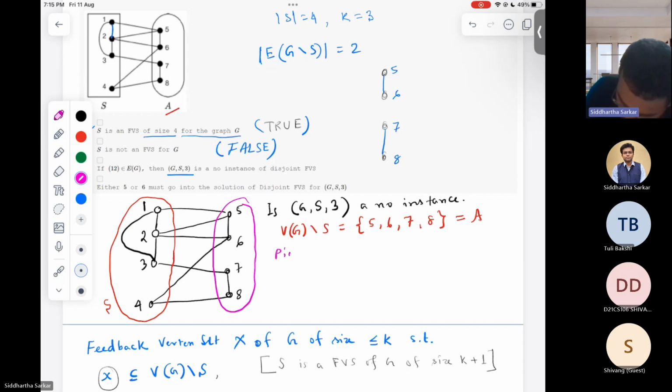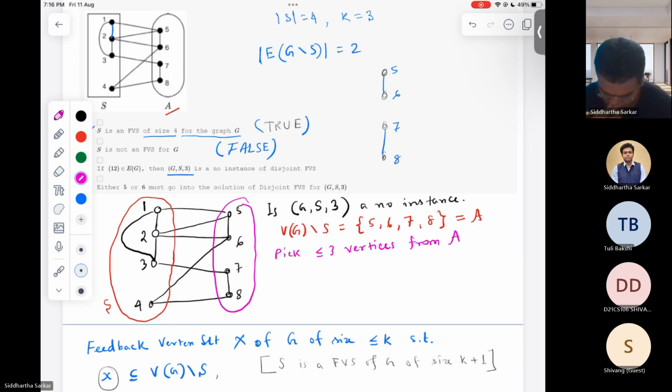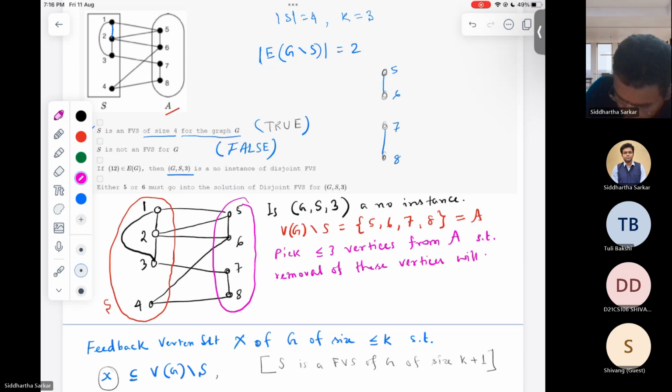So pick at most 3 vertices from A. That is your job, such that removal of these vertices will make the graph cycle free. Is that possible? If not, then we will say that this is a no instance.